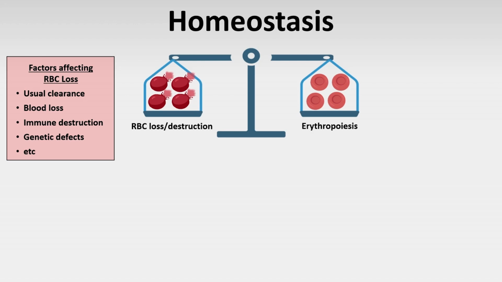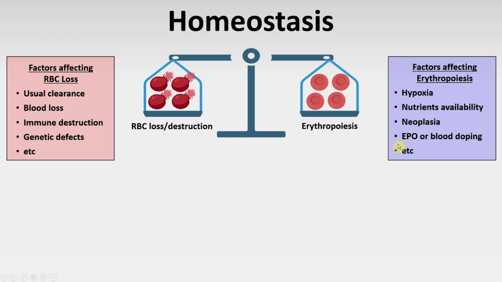That's when hemolysis, or breaking down of the red blood cells, happens. Of course, there can also be genetic defects that affect the function of the hemoglobin, and hence may affect the loss of RBC as well. So these are many factors that can potentially increase the loss of red blood cells. Of course, all these factors need to be countered by erythropoiesis, or the gain in RBC.